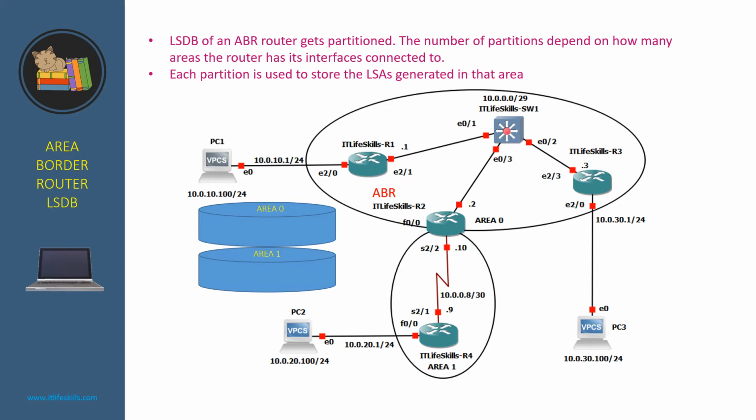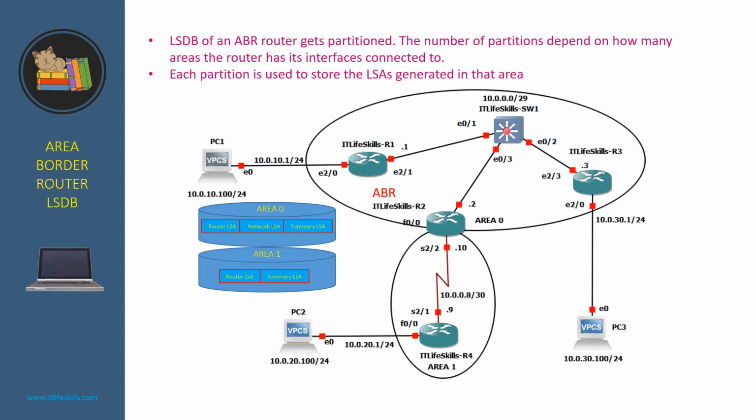For area 0, since it is a broadcast network, it has three types of LSA: router LSA, network LSA, and summary LSA. For area 1, since it is a point-to-point network type, it only has two types of LSA: router LSA and summary LSA.